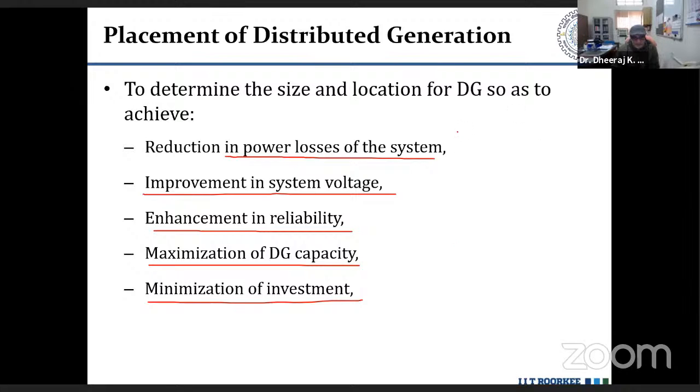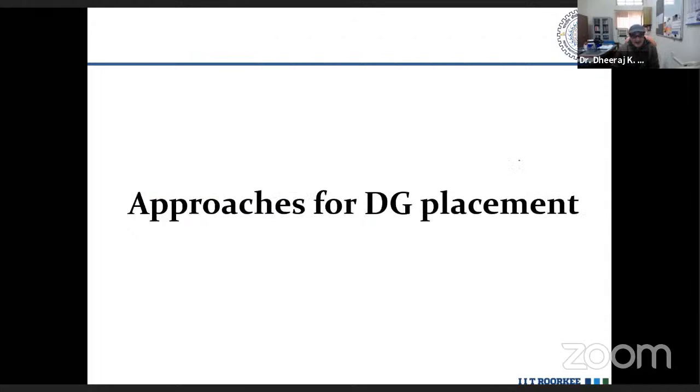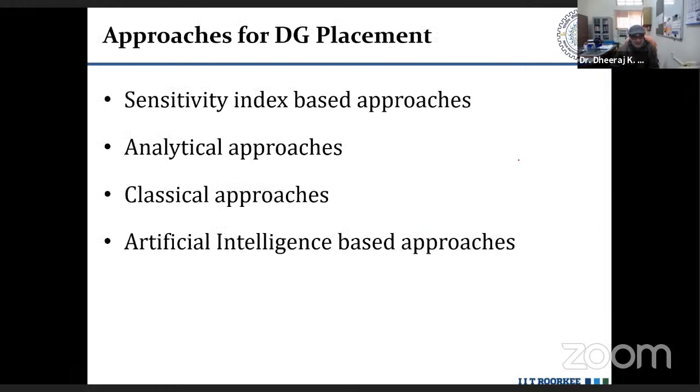But in this work, mostly we will deal with this objective, the reduction in power losses. Now we have different approaches for DG placement. Those approaches we can classify into different categories, like the sensitivity index based approach: we identify some suitable buses and then perform some iterations to decide the capacity.